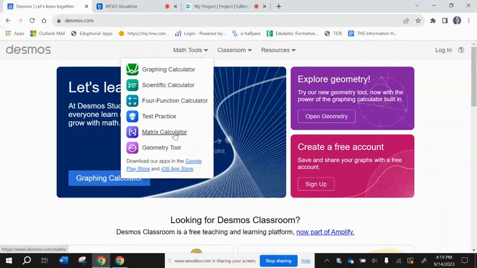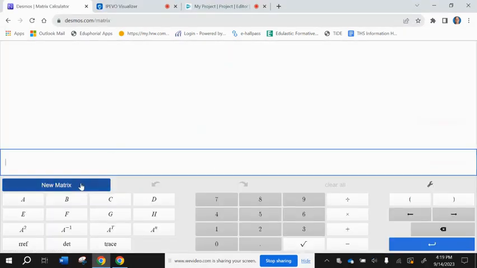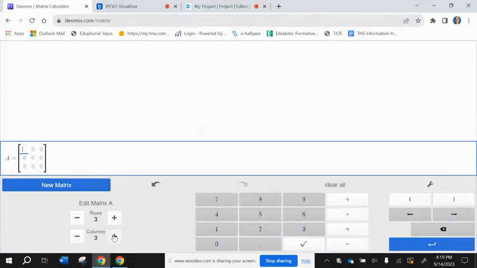I want matrix calculator, new matrix, 3 by 3.